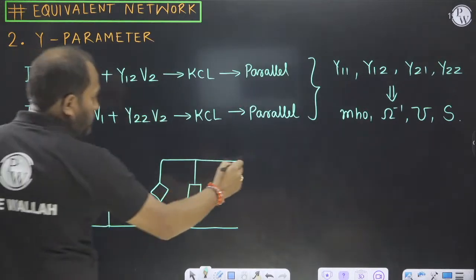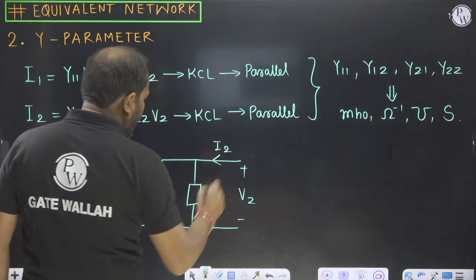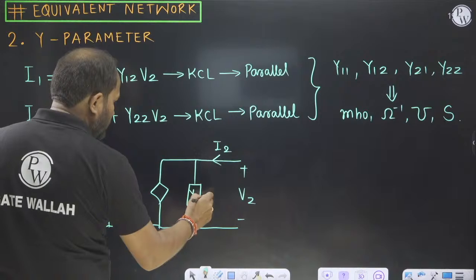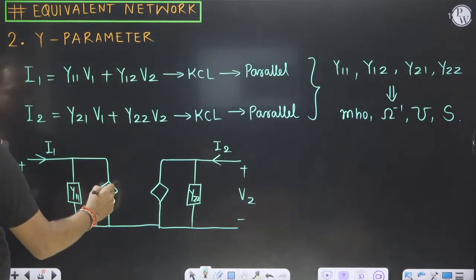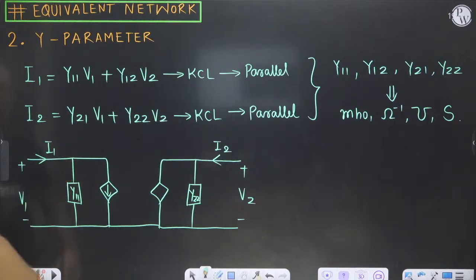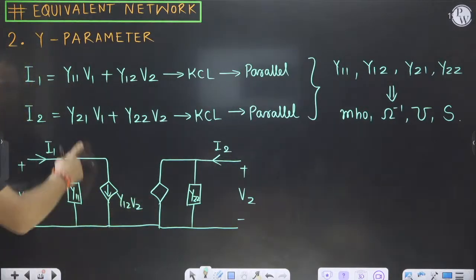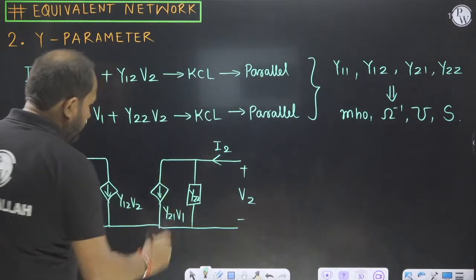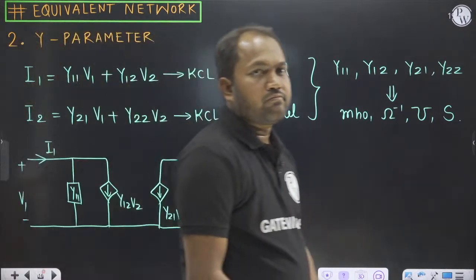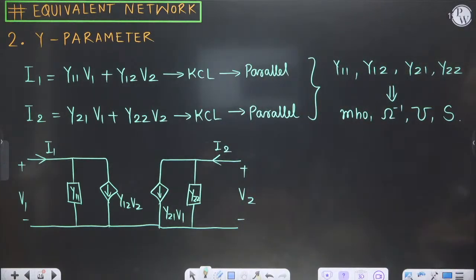V2 into Y22, so this is V2, this is I2, and this is Y22. Then we have a downward dependent current source, Y12 into V2 and Y21 into V1. So it is something like this. So parallel combination.